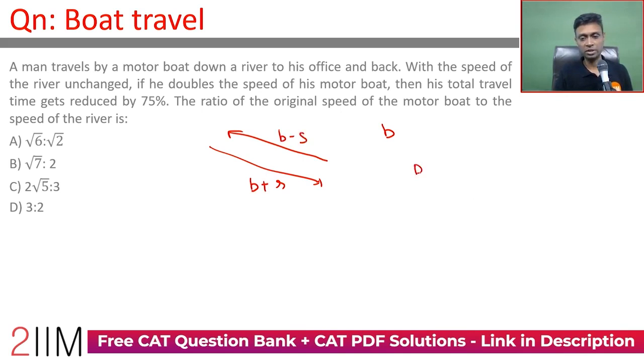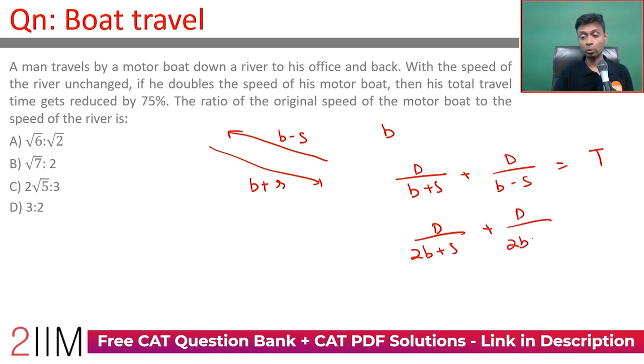So some distance D by B plus S plus the same distance by B minus S is time taken T. If he doubles the speed of his motorboat, D by 2B plus S plus D by 2B minus S, the time reduces by 75%, or this becomes T by 4.